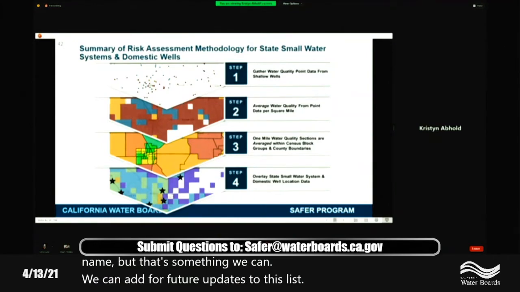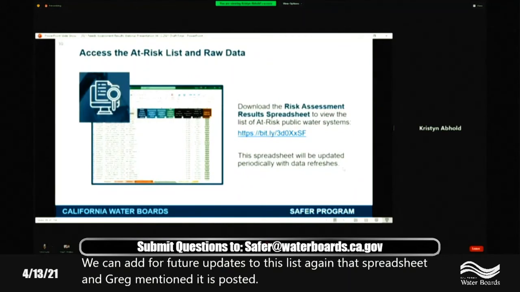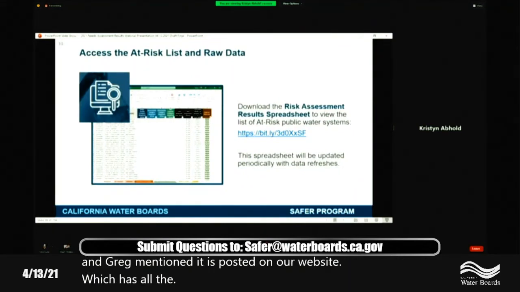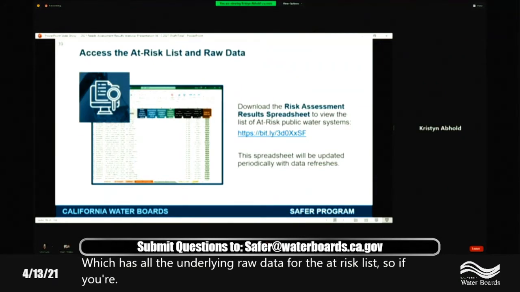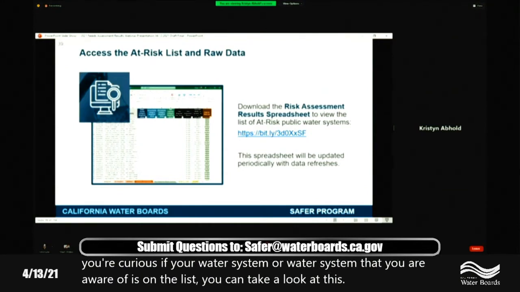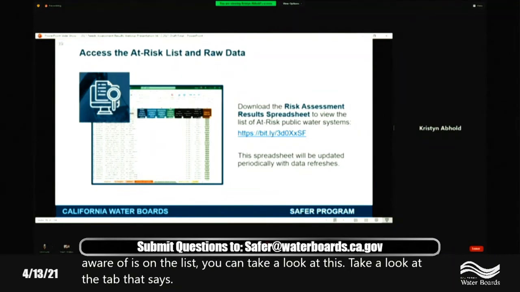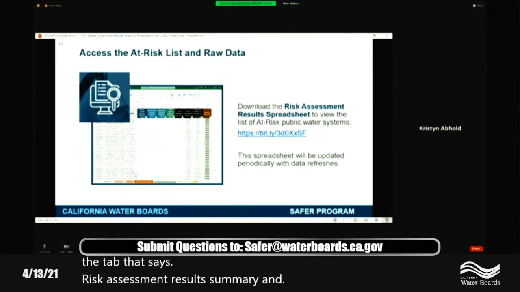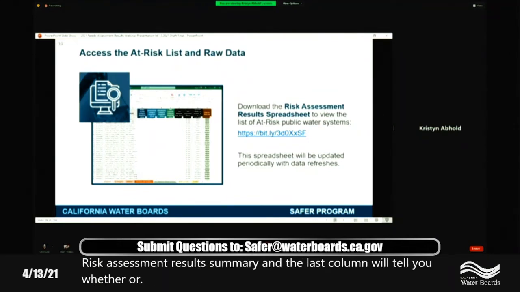Again, that spreadsheet, and Greg mentioned it, is posted on our website, which has all the underlying raw data for the at-risk list. So if you're curious whether your water system or a water system that you are aware of is on the list, you can take a look at the tab that says risk assessment results summary, and the last column will tell you whether or not it's on the at-risk list for this analysis.